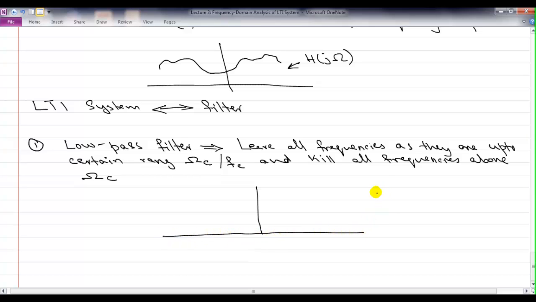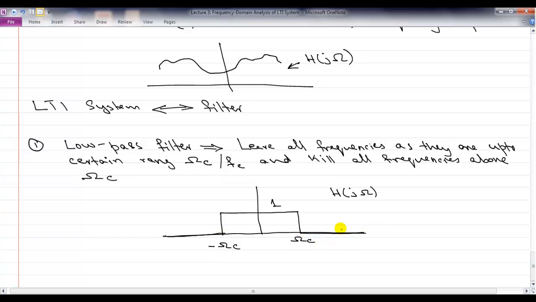So the frequency response of that LTI system will look like this. It will be 1 up to omega c. So this is H of j omega. Okay. The amplitude is 1. Likely the phase is either 0 or it's a linear phase shift. Okay. And it's 0 everywhere else.